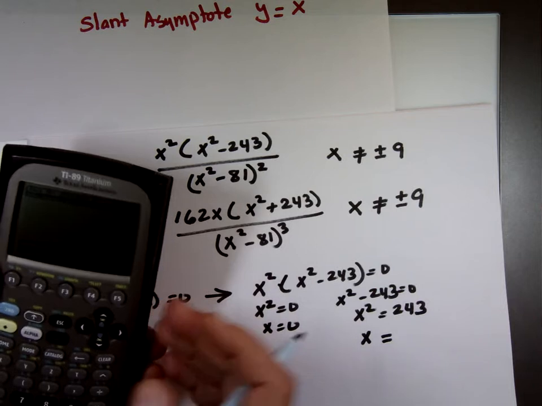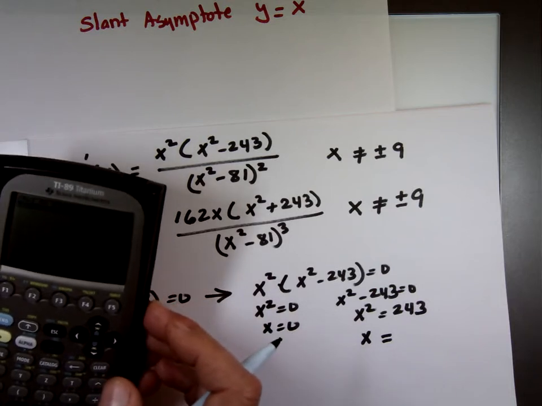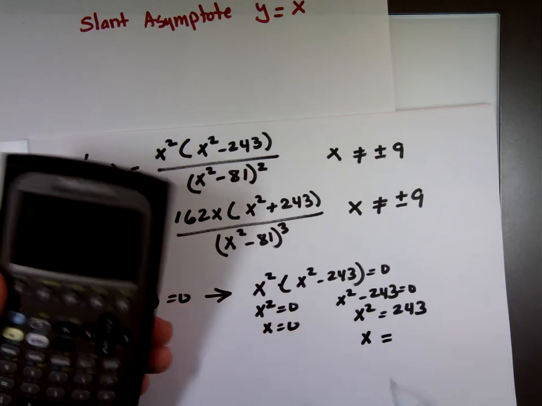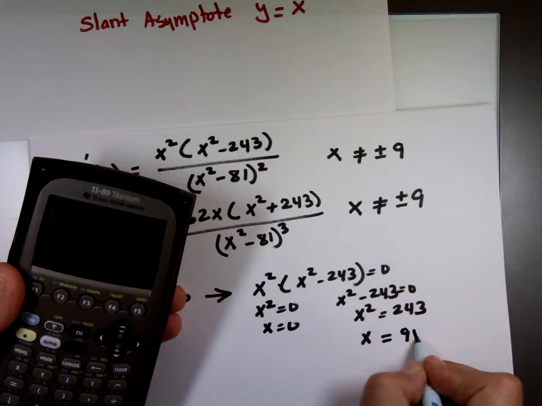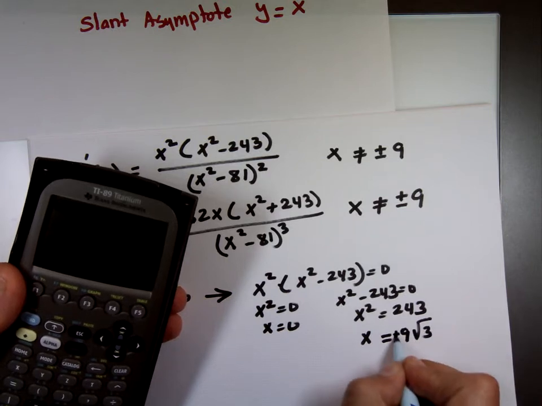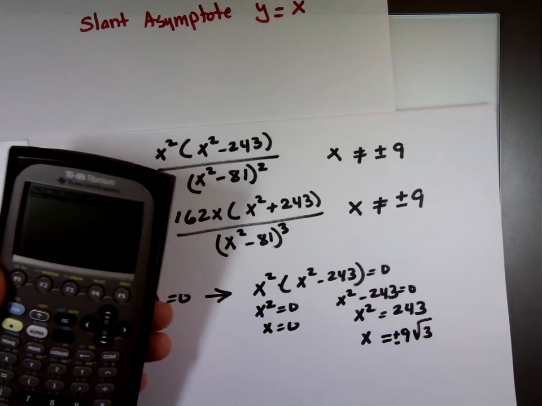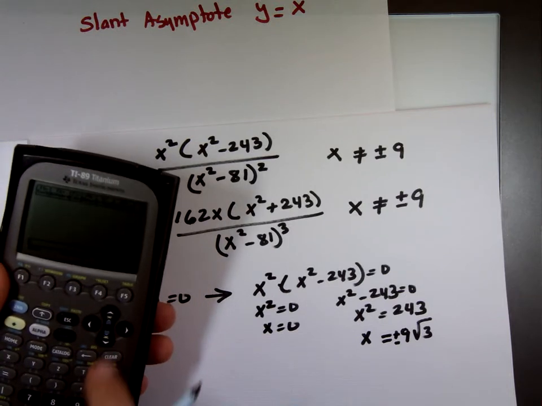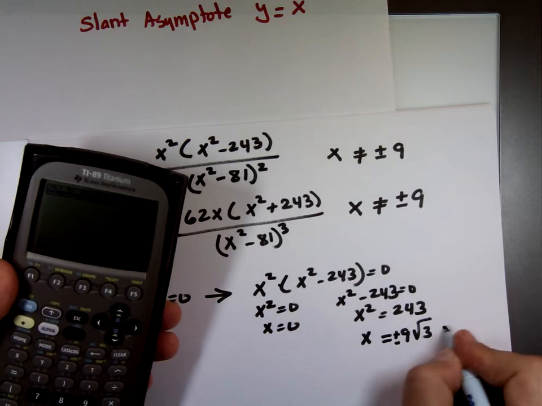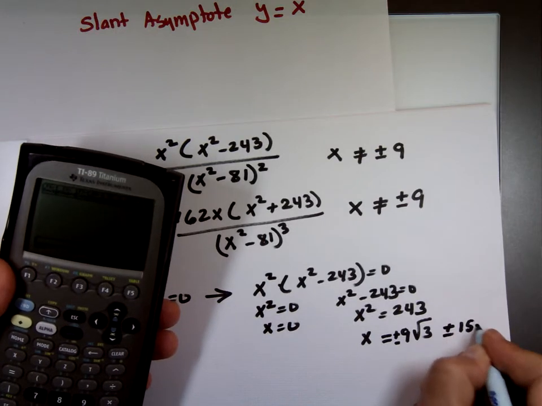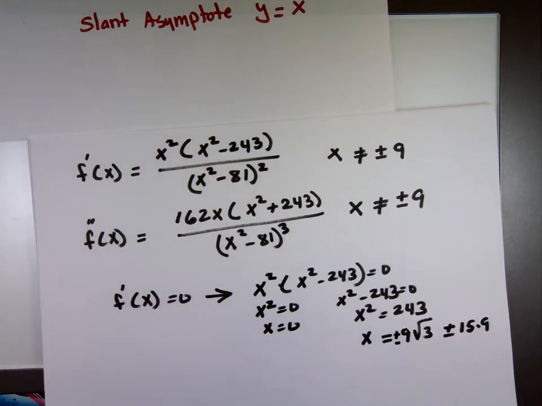Is it 9 times the square root of 3? Yes. Plus or minus. Approximately, just see what that number is. 15.59. Okay, it's somewhere around 15.6. So I'm going to leave the numbers the way they are.